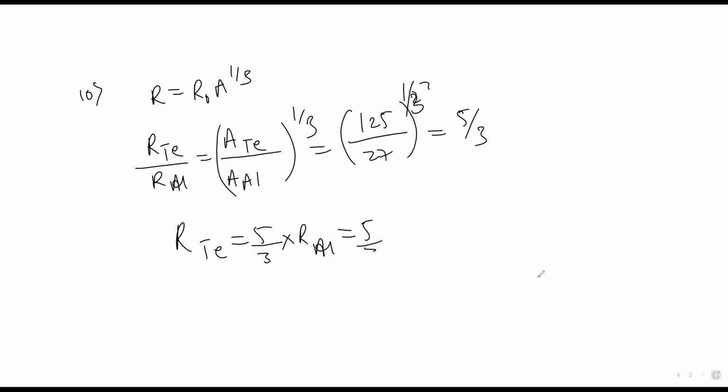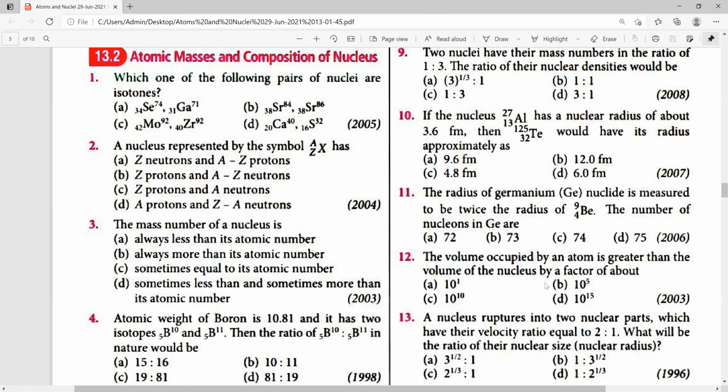So this becomes 5 by 3 into 3.6 is equal to 6 Fermi, because R aluminum they have given 3.6 Fermi in the question itself. So therefore for 10th one, the right answer is this one.